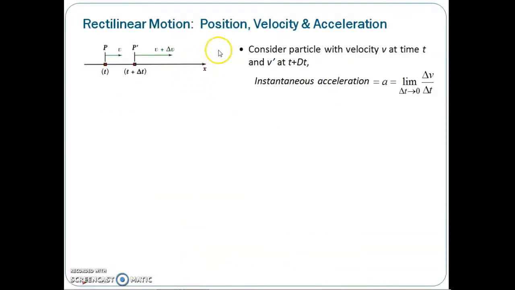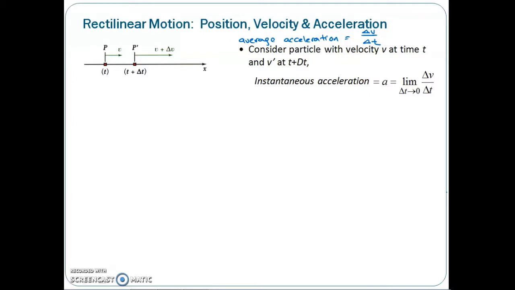Now, if we consider the velocity v of the particle at time t, and also its velocity v plus delta v at a later time t plus delta t, the average acceleration of the particle over the time interval delta t is defined as delta v over delta t.